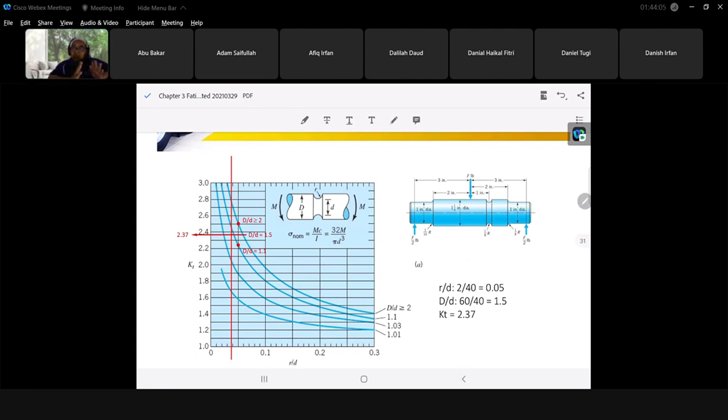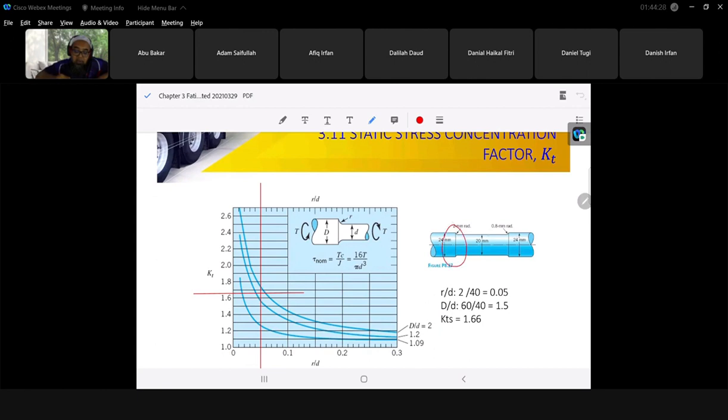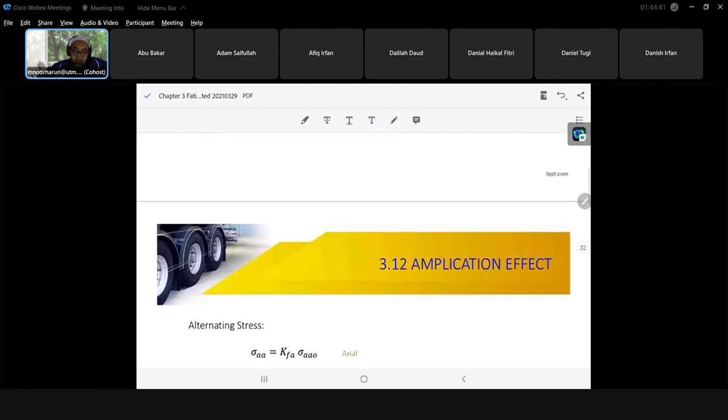The same data book, but it has different shapes. For this type, look here, and this one, where the fillet is on the shaft.